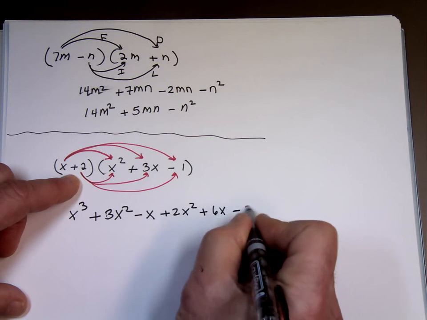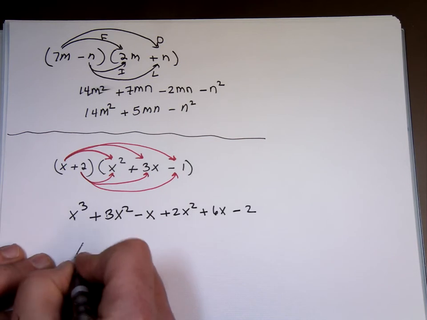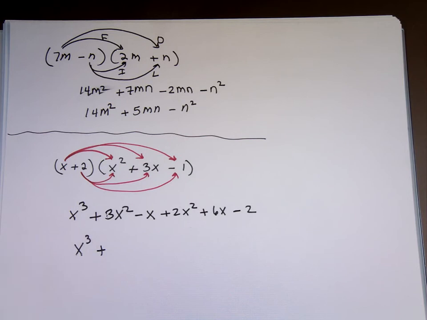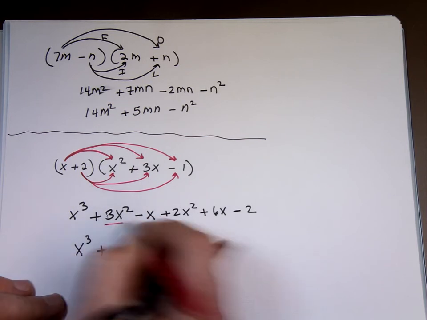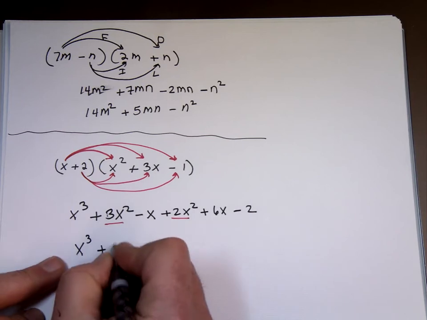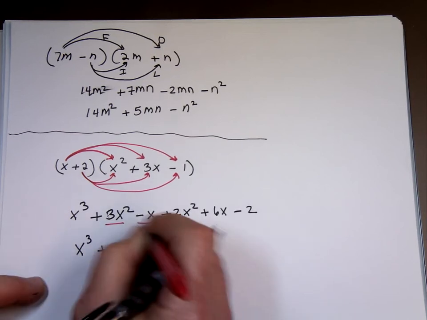And now we're just going to clean it. We take and put the answer in descending power. X to the third. Now notice these two are the same type. 3 and 2 is what? 5x squared. These two are the same type.